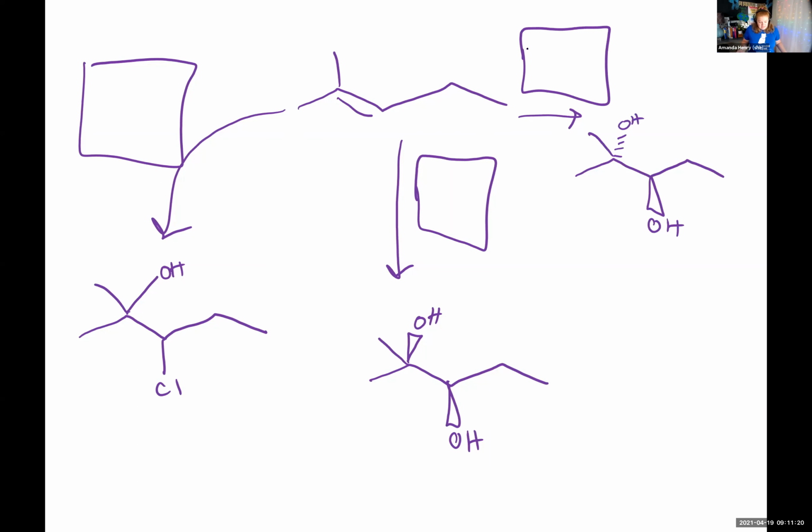So this is similar to how you would see it written on the test. You'll be given the starting material, our alkene, and you'll be given products. And then you have to know what the reagents are that we need to put into those boxes to make those reactions happen.